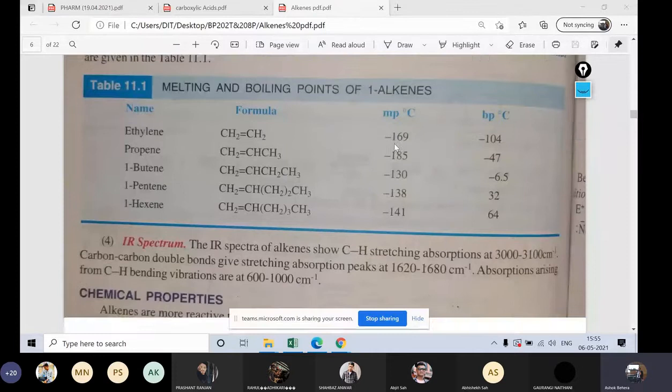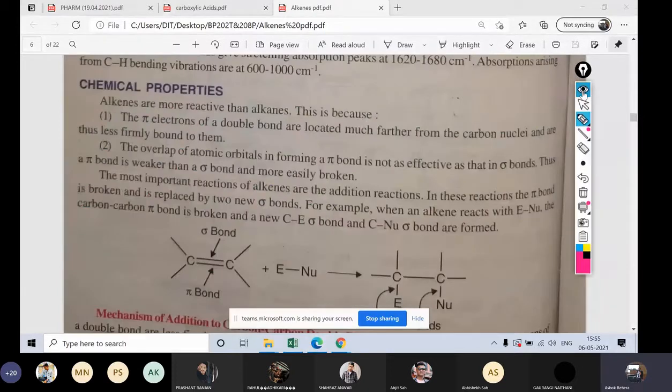Okay, next is your chemical properties. You know that this is an alkene, 2 hands are there, so there is an addition reaction, right? So what is the principle of addition reaction? Can anyone tell me what would be the principle of addition reaction?